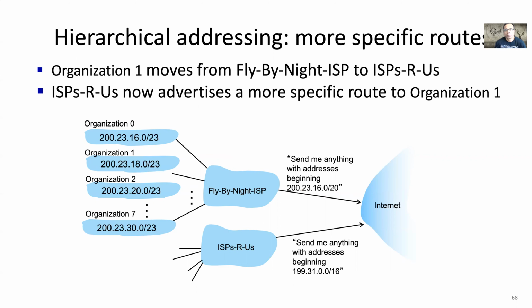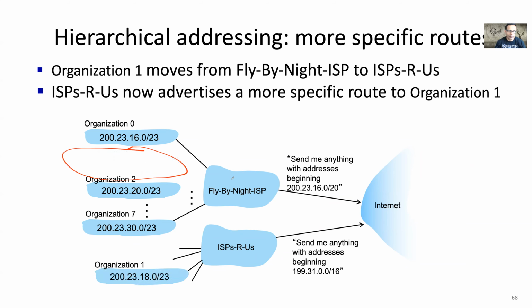Okay, one other advantage of having this hierarchy is if an organization moves, right? So if you see this picture, let's say this organization is unhappy with this ISP, and let's say it wants to take its block of IP addresses and join this different ISP, right? Now this is entirely possible, because this other ISP was originally advertising its block and is still advertising its block.